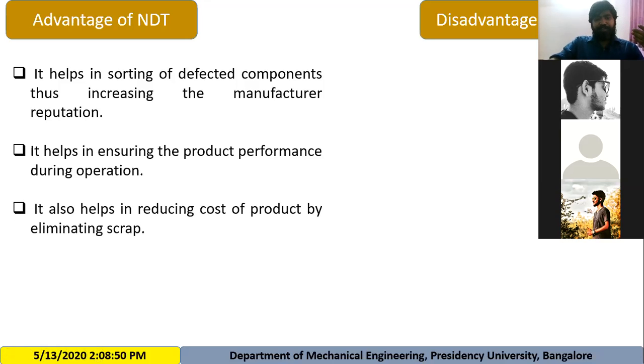It also helps in reducing the cost of the product by eliminating scrap. Okay, so suppose you have an industry, again let's take the example of a cup industry. Suppose you are going for destructive testing, so what will happen? The component on which you perform the destructive testing, you cannot use that component again, meaning you cannot sell that component to the consumer. You have to maintain it as scrap.